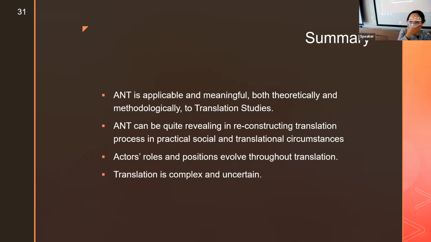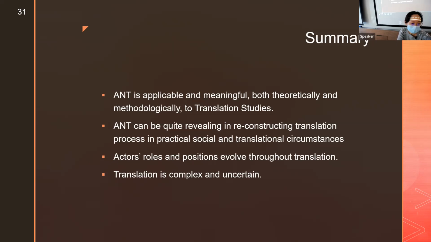From an ANT perspective, I discovered the actors' roles and positions involved throughout translation. This indicates that translation actors are much more dynamic, and they exist in many more types and forms than have been previously considered.